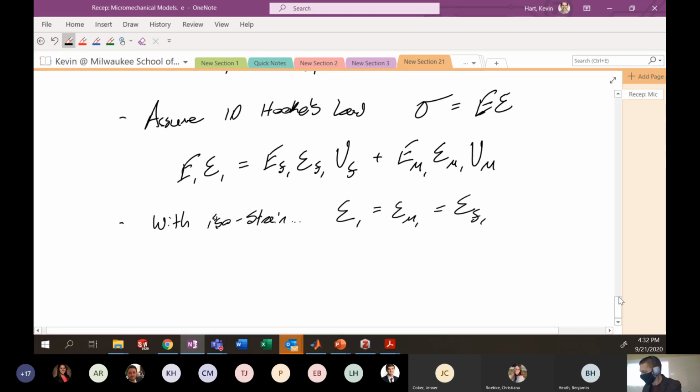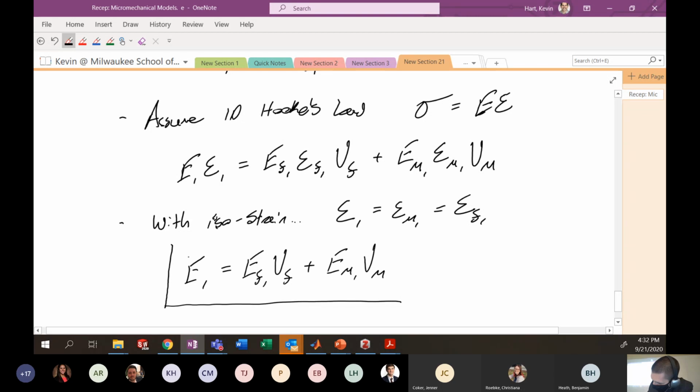They're going to strain all together the same amount. So with that idea, we have E1 is equal to the modulus of the fibers in the one direction times the volume fraction of fibers, plus the modulus of the matrix in the one direction times the volume fraction of the matrix. This general form of this equation is known as the rule of mixtures, or what we call the parallel model.